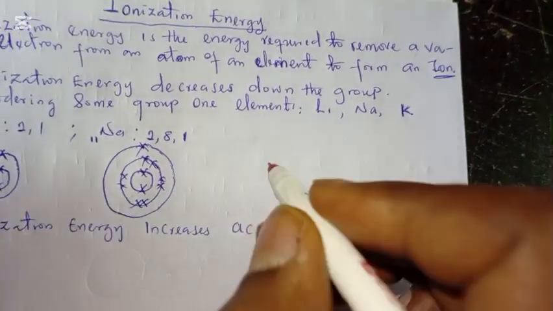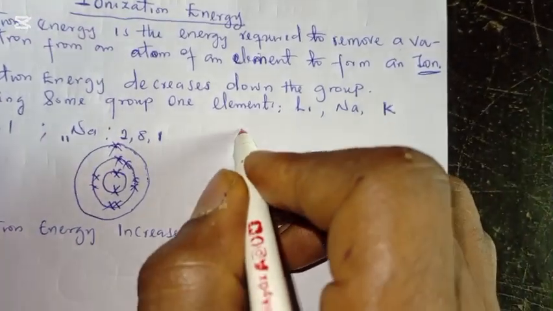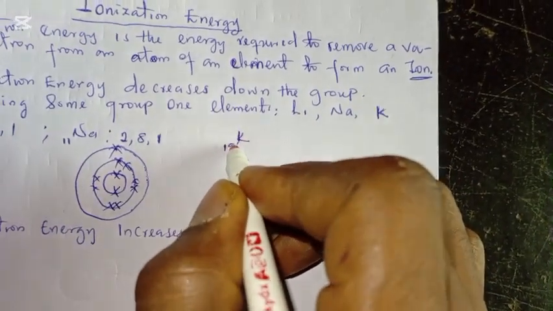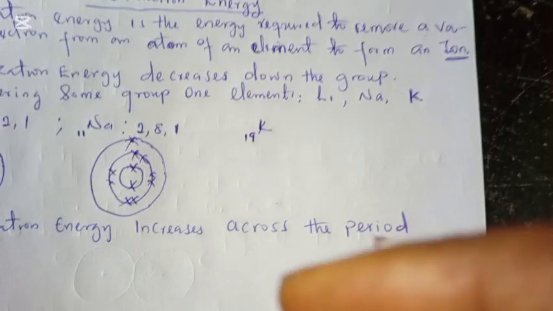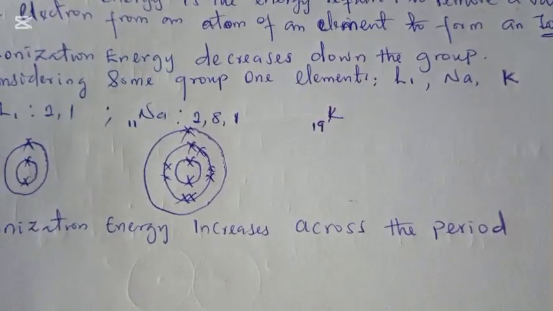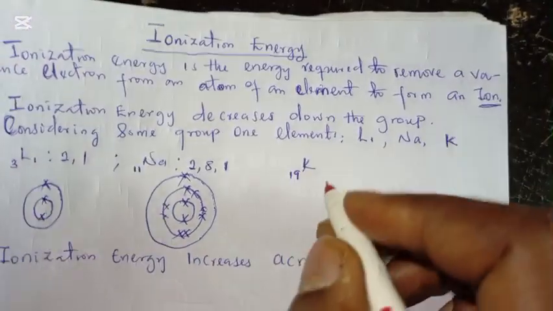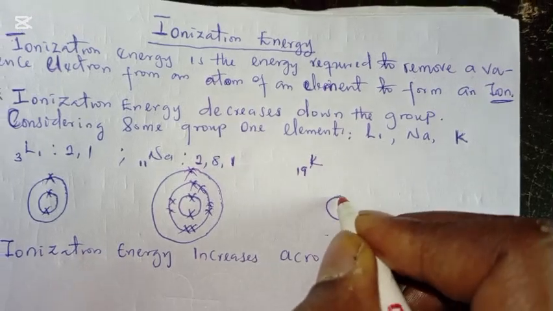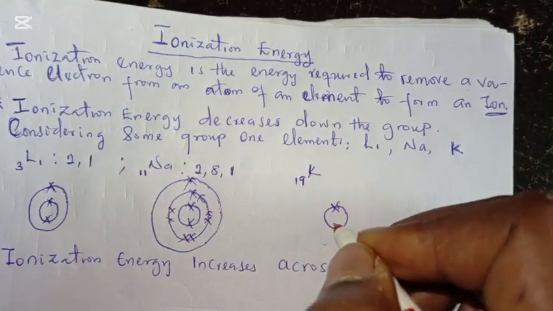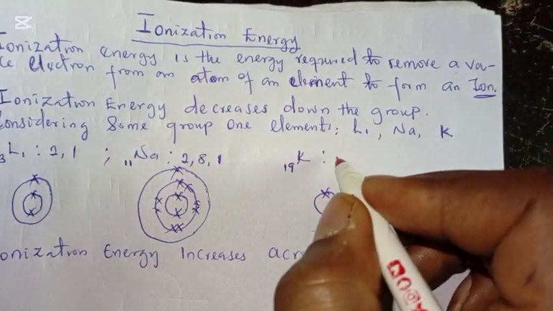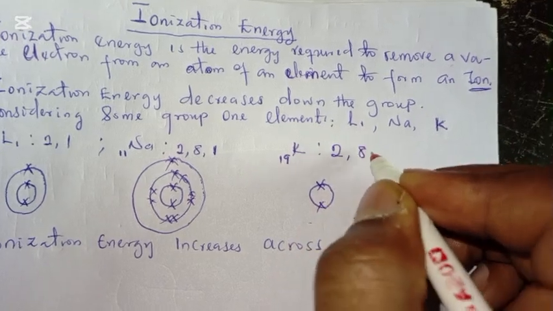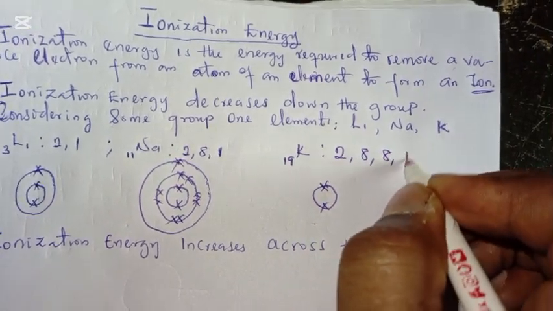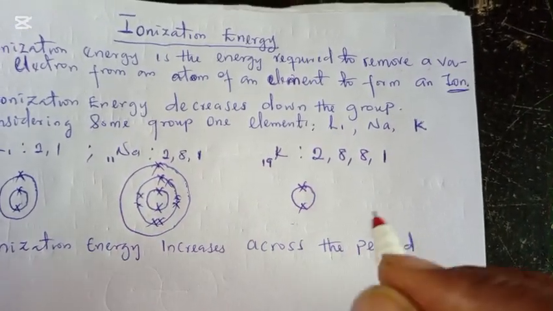Are you following through? Now, the last one, which is potassium. Potassium has 19 protons. And since potassium is neutral here, we expect the number of electrons to be equal to 19. On that note, distributing the electrons in the shell, considering the shell diagram electronic configuration, which is 2, 8, 8, 1, as you can see presented there.